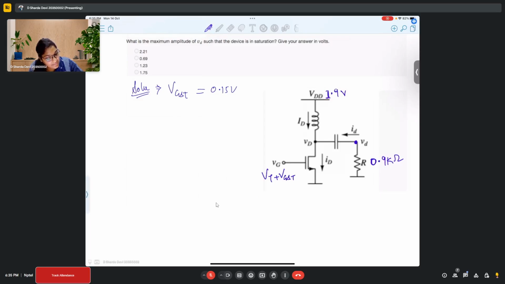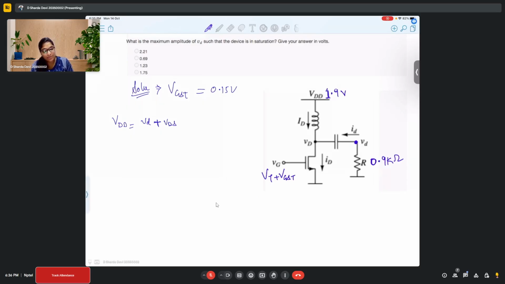Here we have to find this VD, the maximum amplitude, or basically the maximum value of VD that can appear across this point. If you observe very carefully, this VDD is actually dropped across this whole circuit as VD drop plus VDS drop, the drop across the transistor. VD is basically the drop across this inductor.